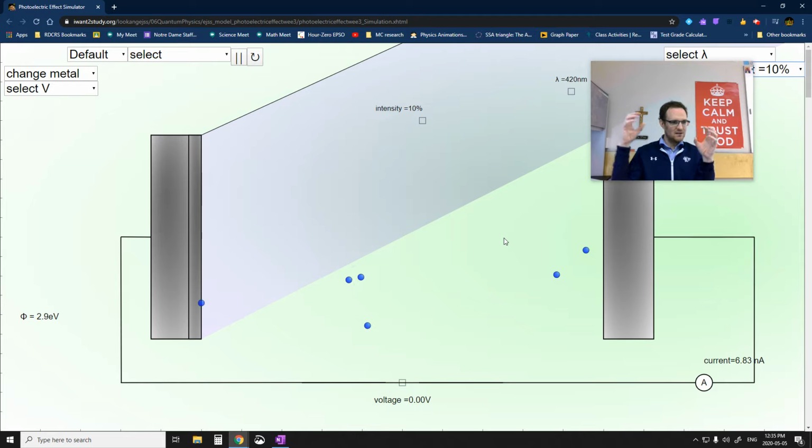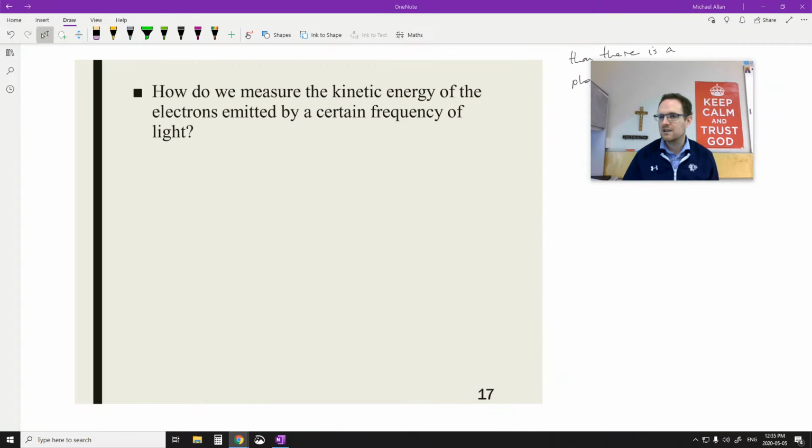All these electrons are getting the same amount of energy, but some are using more energy to get out than others. We're just worried about the threshold ones, the ones that give us the maximum kinetic energy because they're right at the surface. They're using the least amount of energy to get out of the metal, so the majority of the energy is now kinetic energy, and they go pretty fast. Those are the ones we're going to deal with here.